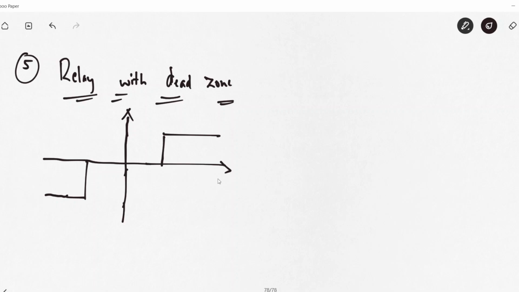We assumed a linear behavior, but in this case, instead of a linear behavior, we are having a relay operation. Therefore, what happens if we apply a sinusoidal input?